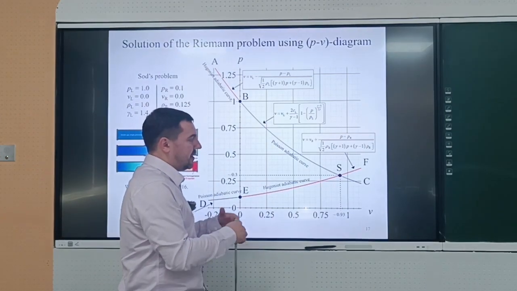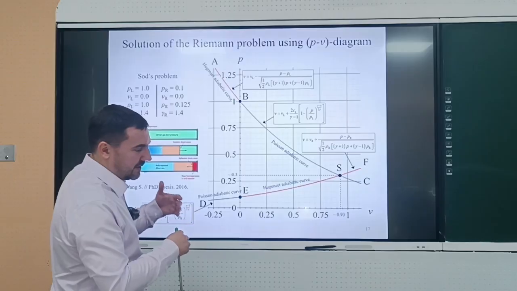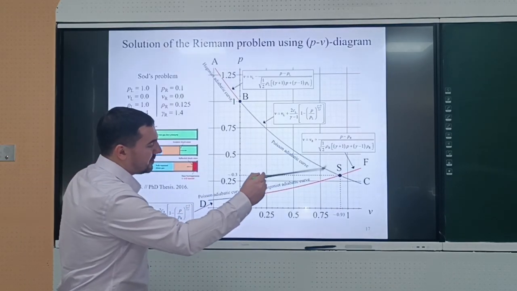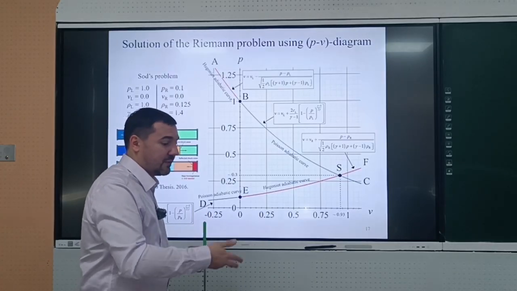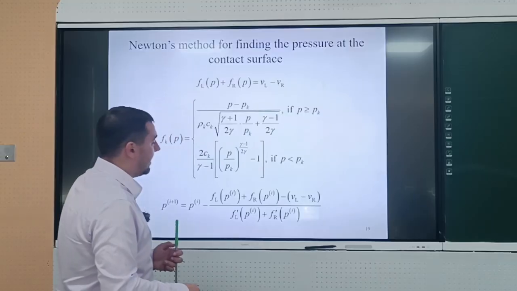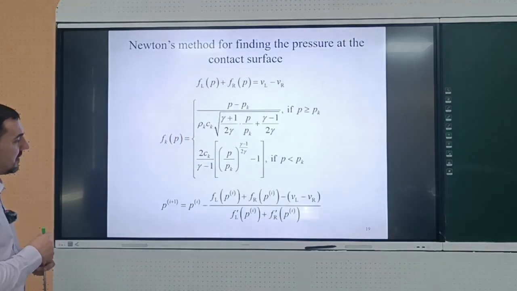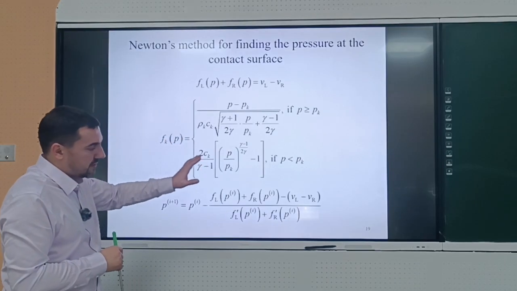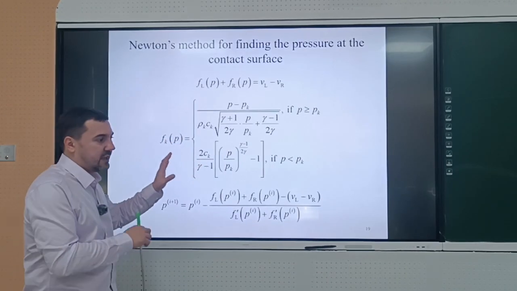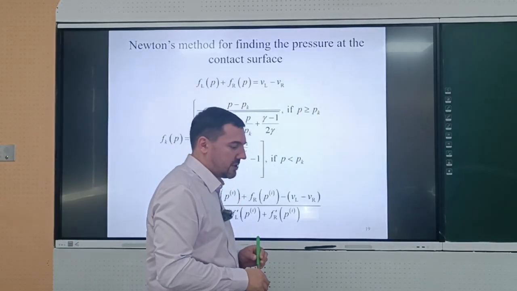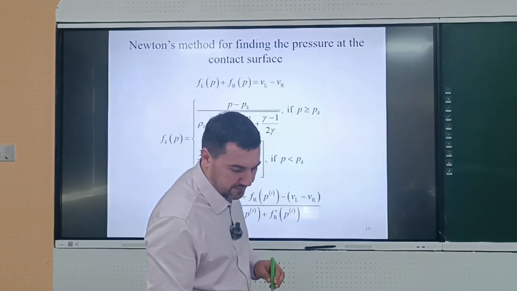That is why people have already developed very efficient numerical methods to find the intersection of this adiabatic curve, and I just explained this effective numerical method to you. In fact, the Newton method with a reasonable initial approximation can provide you the solution. I will show good initial approximations later.